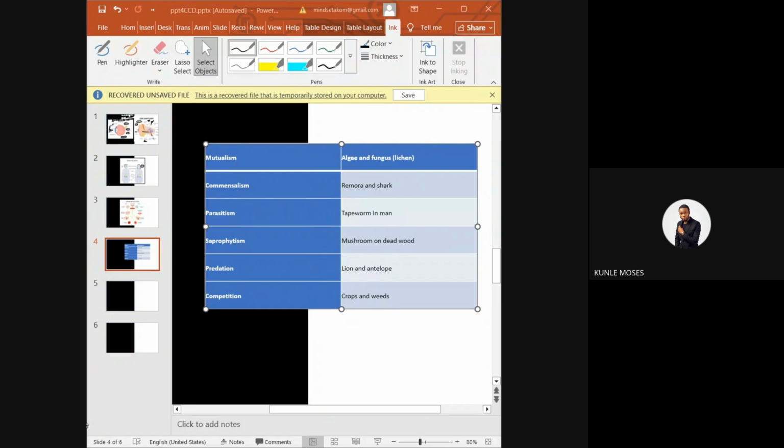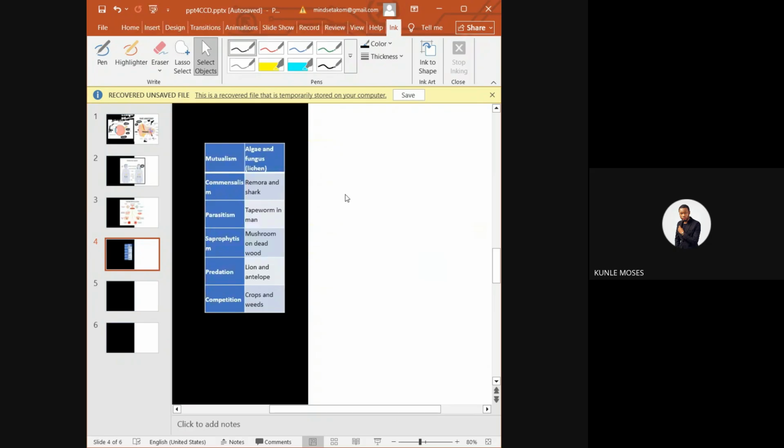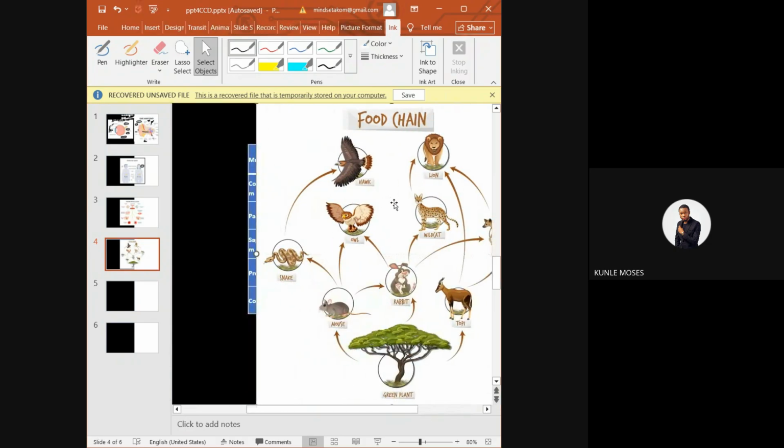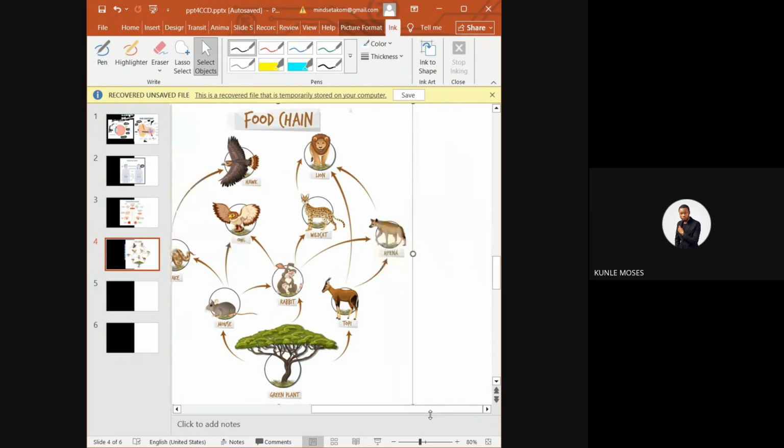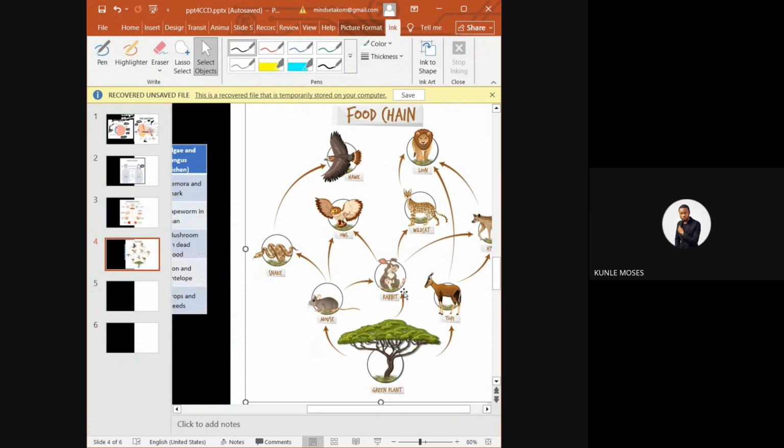So this is an example of food chain. So you can see how they are connected to one another.